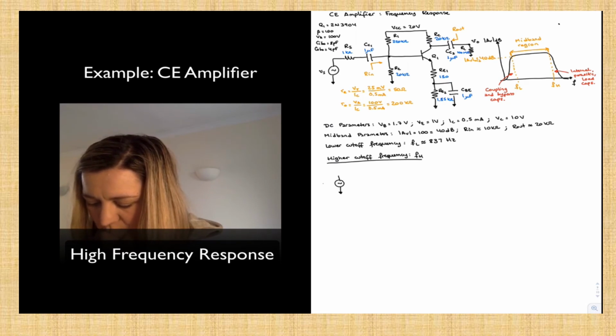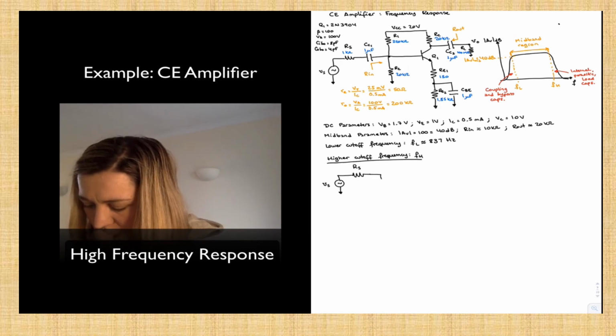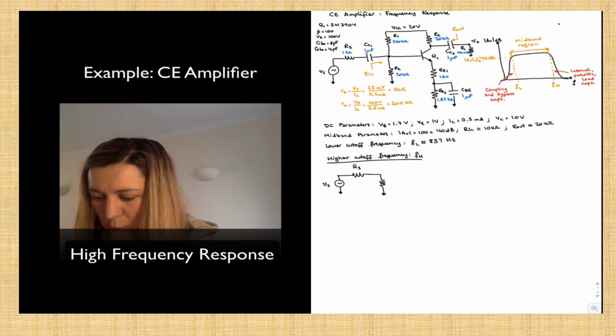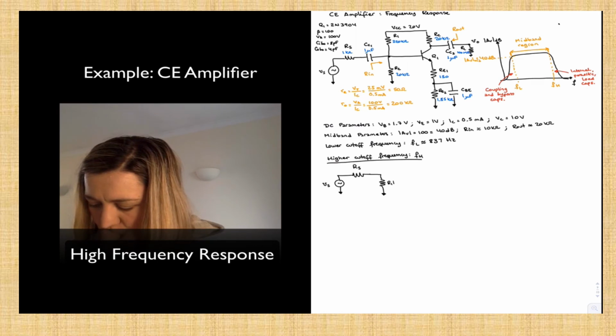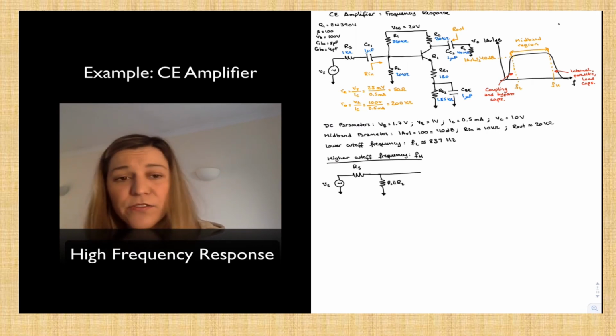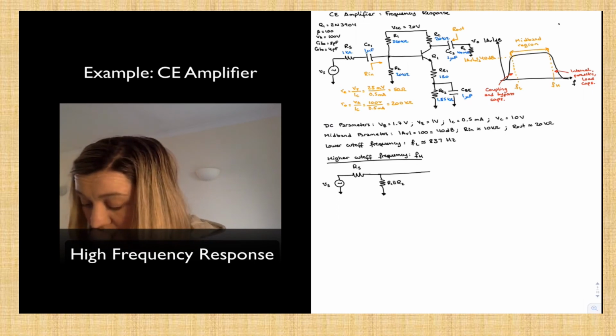the high frequency equivalent. So this is VS, there is RS in series. Just to make things a little bit more compact, I'm going to lump R1 in parallel with R2 into a single resistance. And then this is fed into the input, or the base, of my transistor.